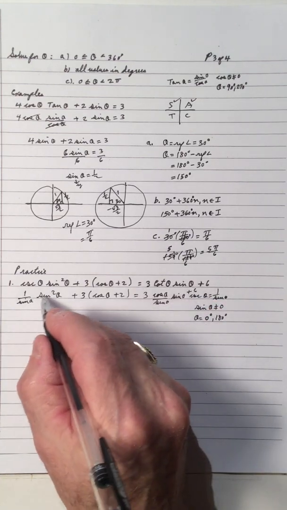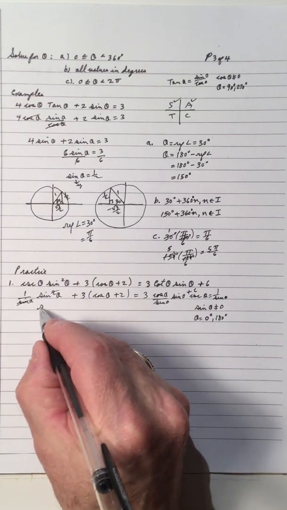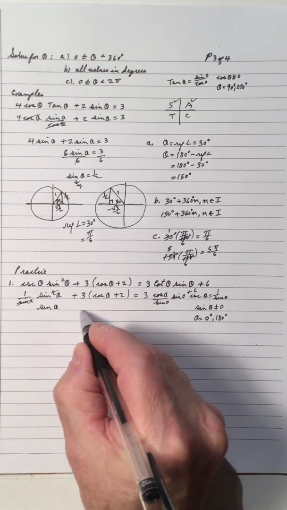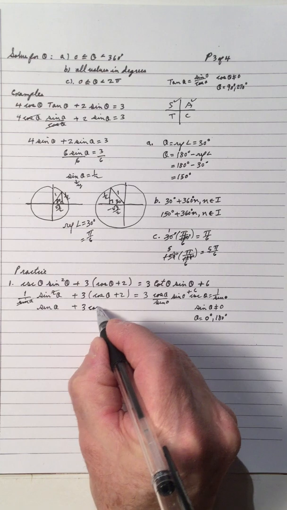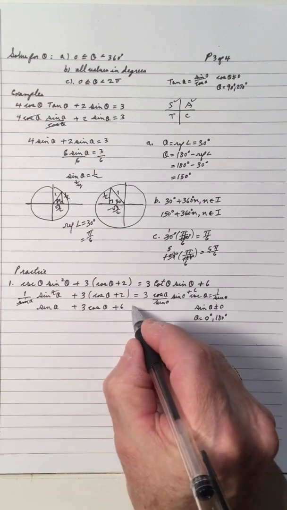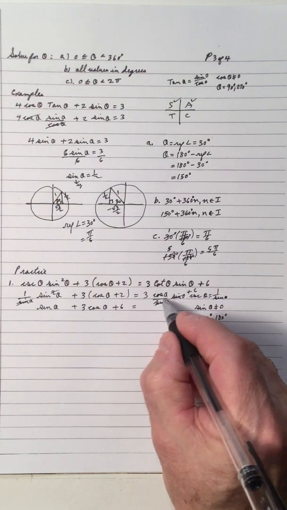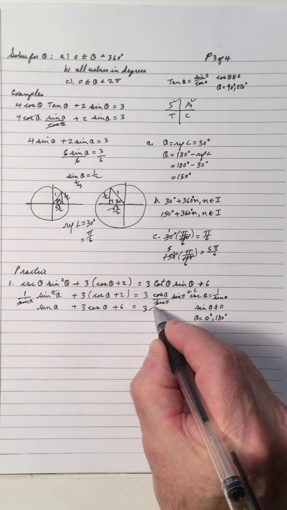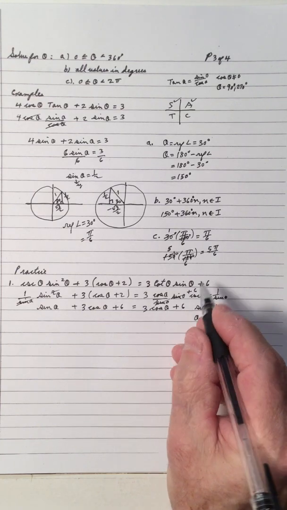Plus 6. So when we're multiplying, we cancel, so sine cancels out to give us sine theta. 3 times cos is 3 cos theta. 3 times 2 is 6. And the signs cancel here because you're multiplying with fractions. So there's 3 cos theta plus 6.